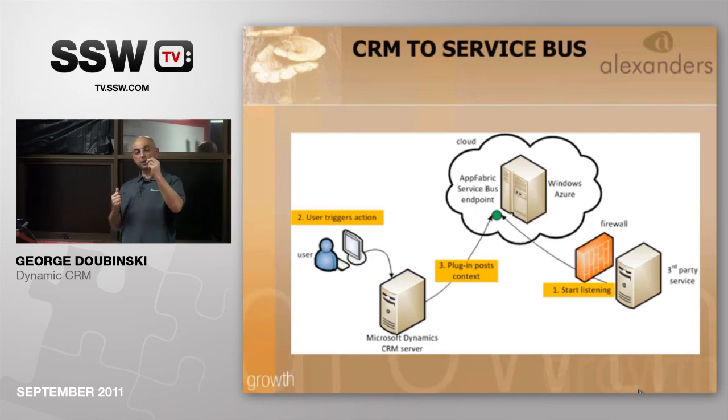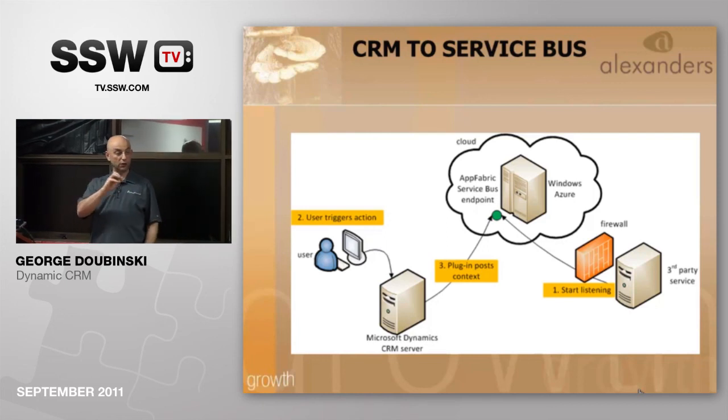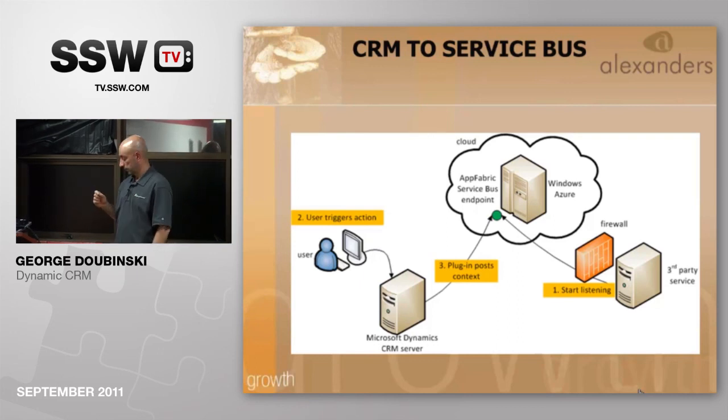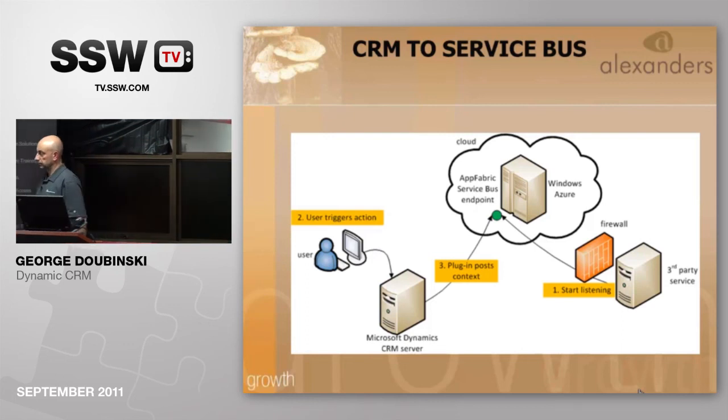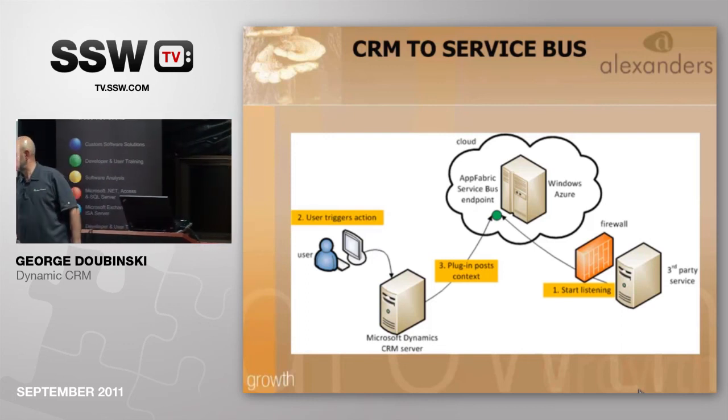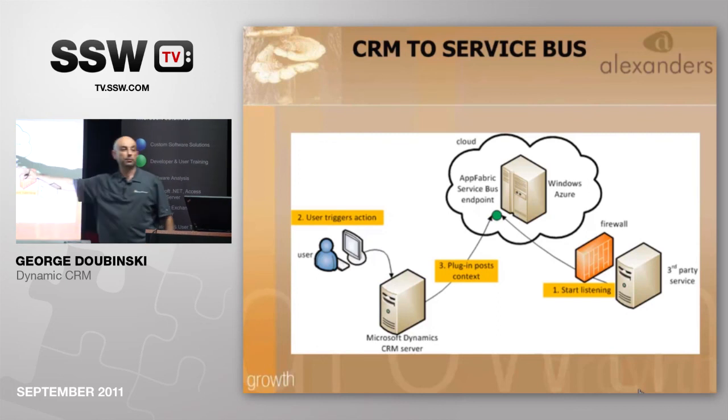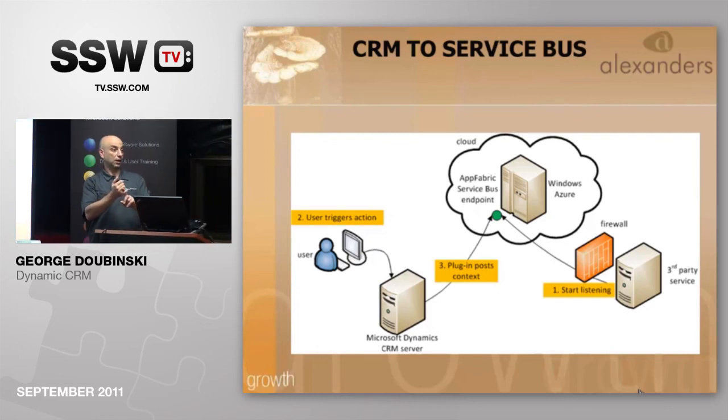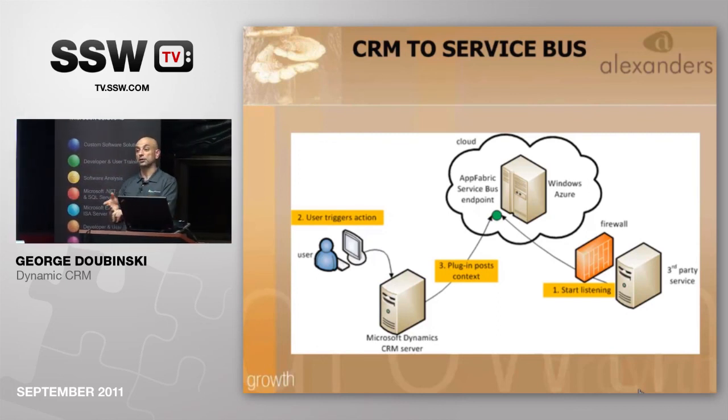So it has the ability to create a plugin that will securely submit messages to this endpoint. Well, big deal. This CRM server can be on-premises, can be CRM Online, can be partner-hosted.